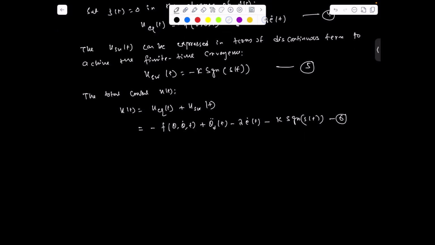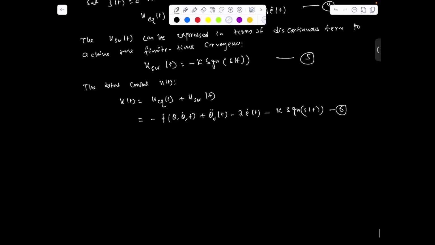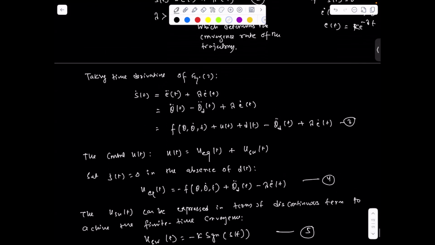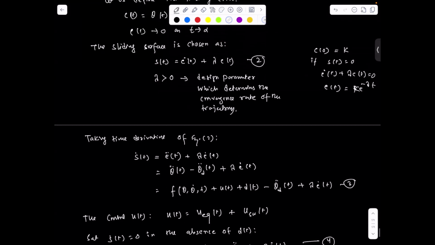So now we'll go to the stability analysis. For stability analysis, we have to define the Lyapunov function in terms of S, because our system is defined in terms of S, the state variable.